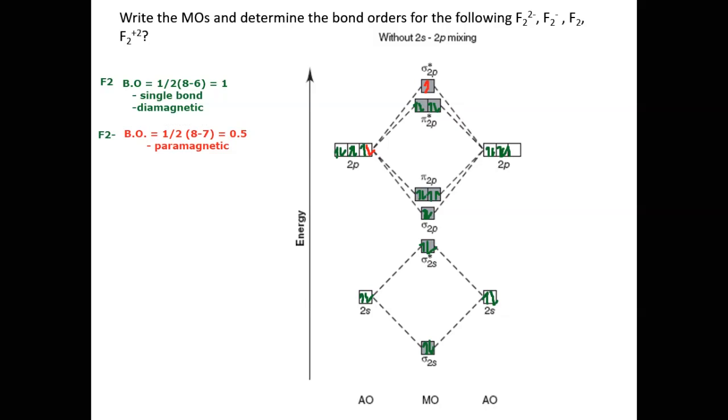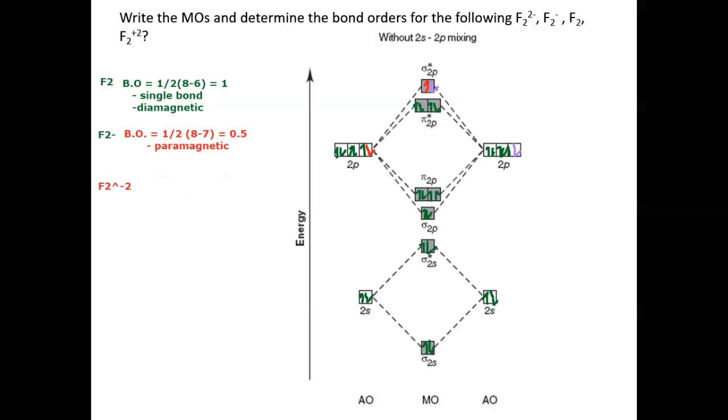Now let's go to F2 2 minus. So we're going to add another electron to one of the atomic orbitals. So I'll add it here, and that electron goes up here.